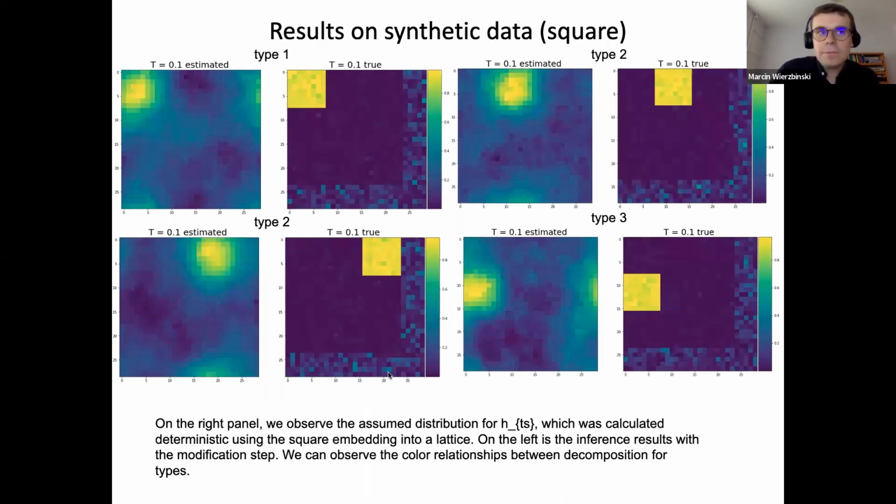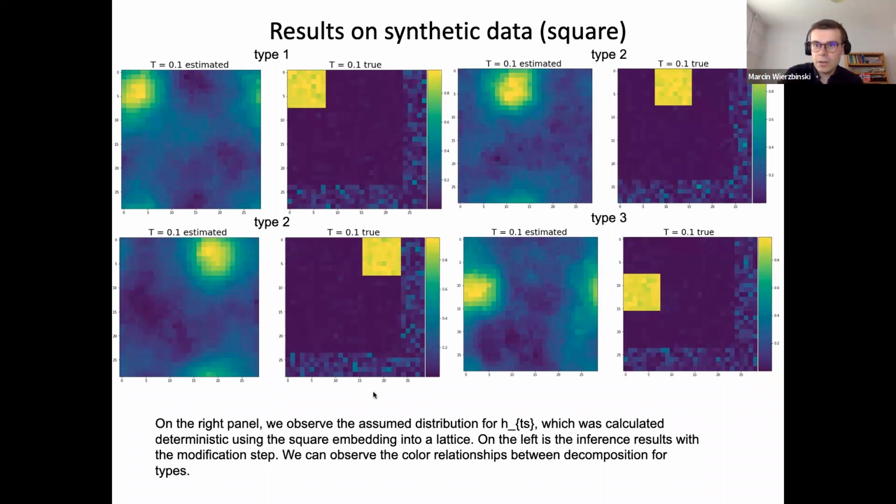Okay, and here we have results from a toy example. The data were generated using squares that can move in this place. Each square is useful to model a high number of a proportion for the specific type in this square.